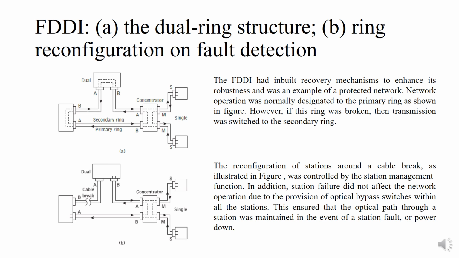So if the cable is broken, or the path has some fault or there is any power down, it will not affect the network because it has an inbuilt station management function, and it has a provision to bypass the switches within all the other stations.